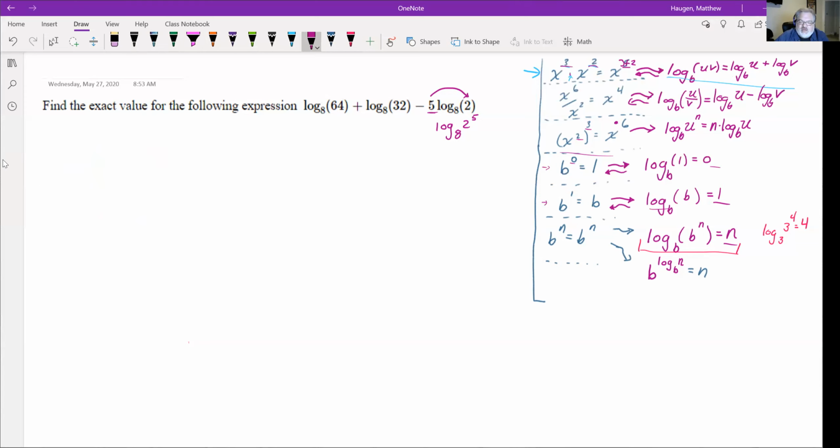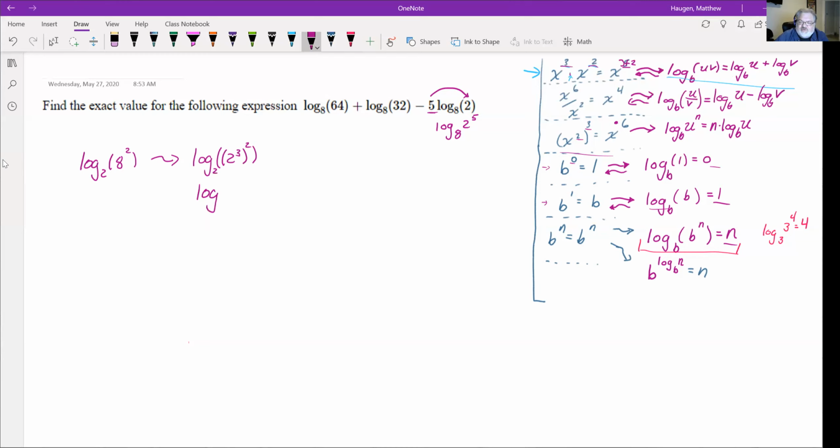Let's do it a different way. Let's go with base 2 because base 2 is nice. Say we have log base 2 of 8 squared. Now we know that 8 is equal to 2 to the 3rd, right? So that's log base 2 of 2 to the 3rd squared.